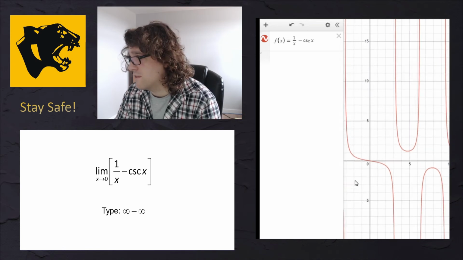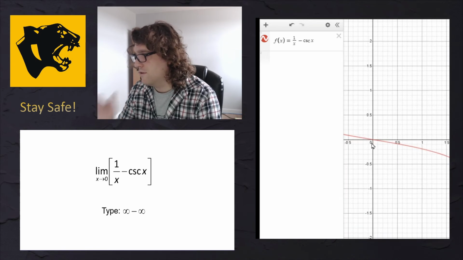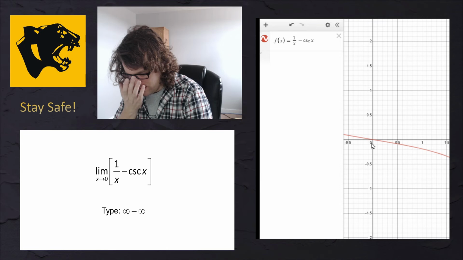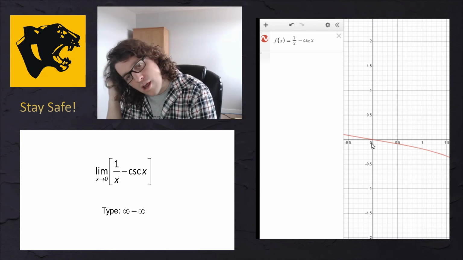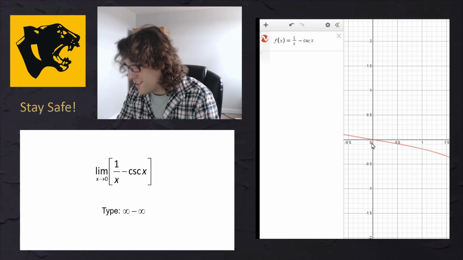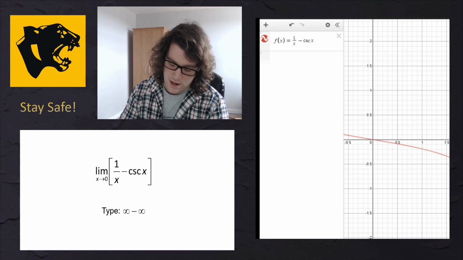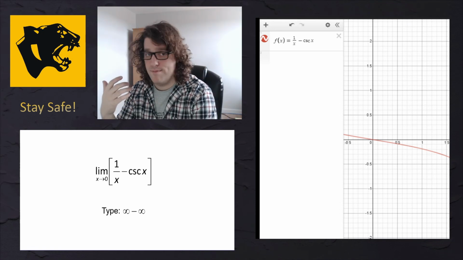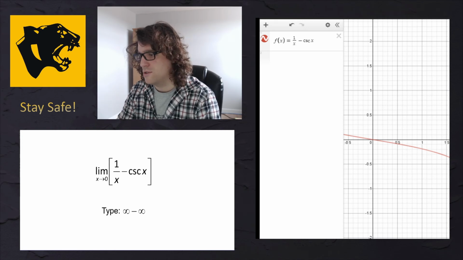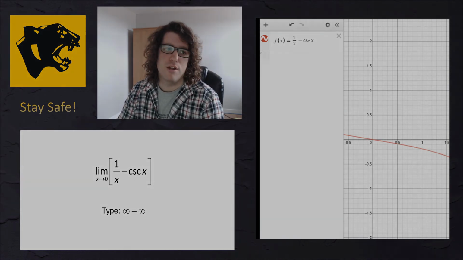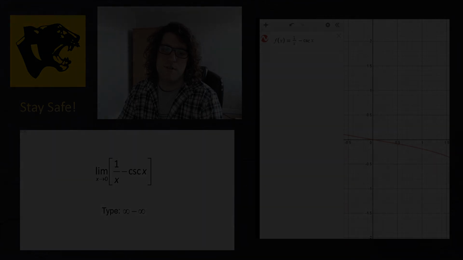It just goes right through the origin, and so the limit of that thing as x approaches 0 is 0, and it would have been fine whether I had used the plus or minus or neither, which would be the two-sided limit.